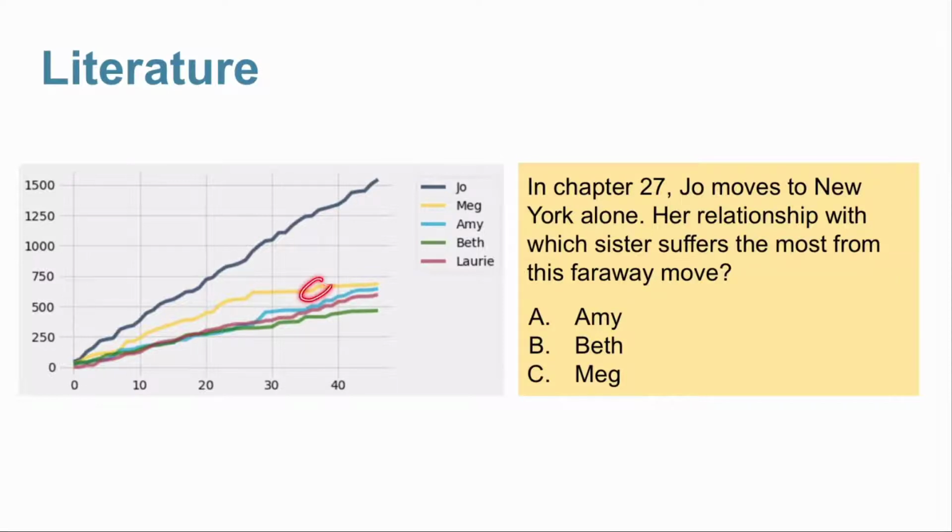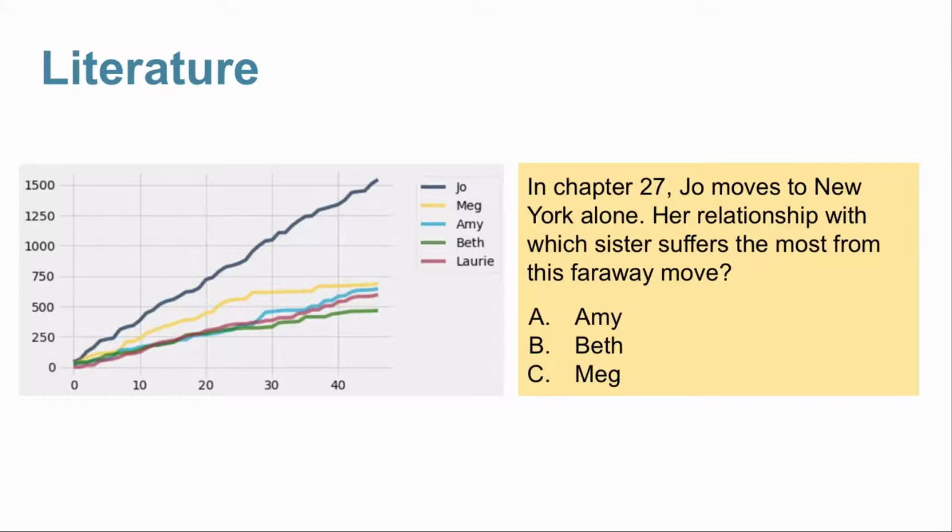She's mentioned a little bit right here, but the line being flat here means that she's not being mentioned anymore. Remember, because this is a cumulative plot, cumulative number of times each name appears. So because this is flat, Meg is not really being mentioned. Because Joe is the main character, you can assume that the book is following Joe, and so this character not being mentioned means that her relationship probably suffered with the main character.